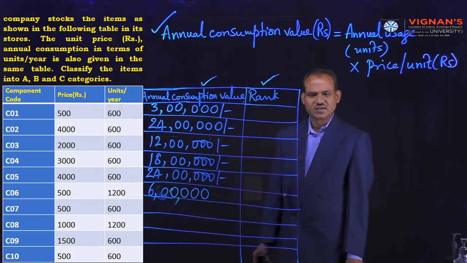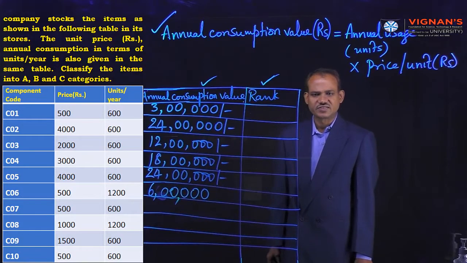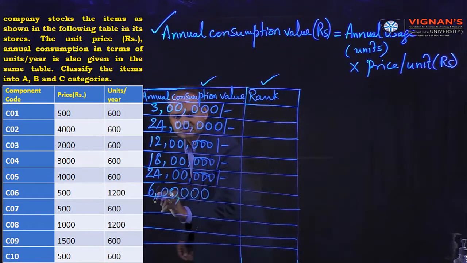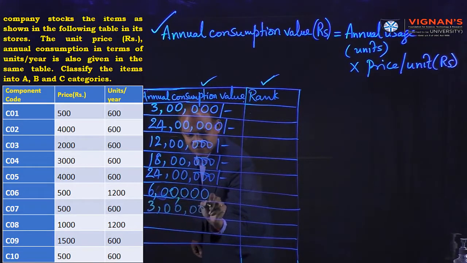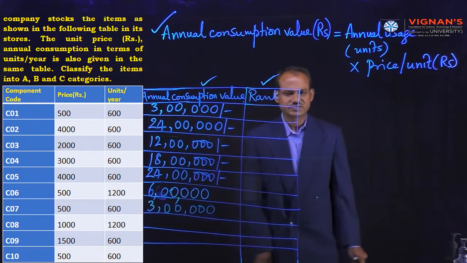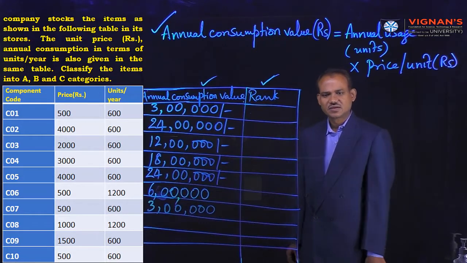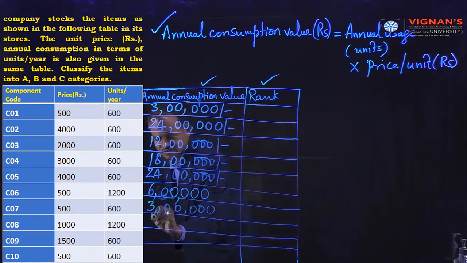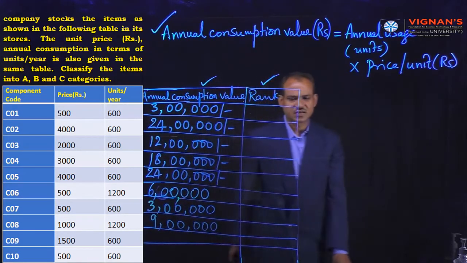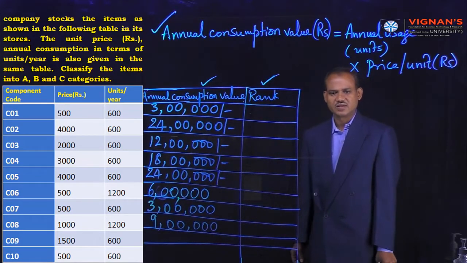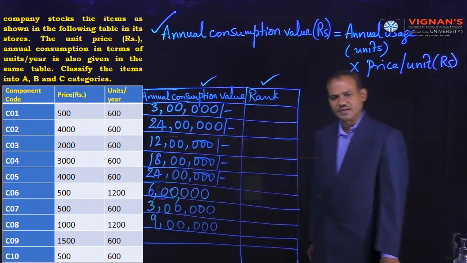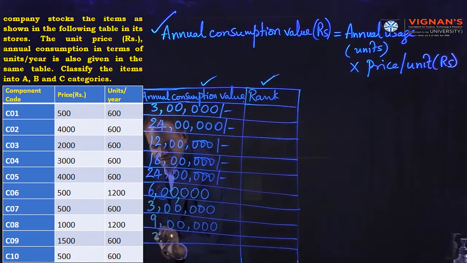Next, coming to C07, component 7, 5 6 30 means 3 lakh. Next component C09, 9 lakh. Last component C10, 5 6 30 means 3 lakh.